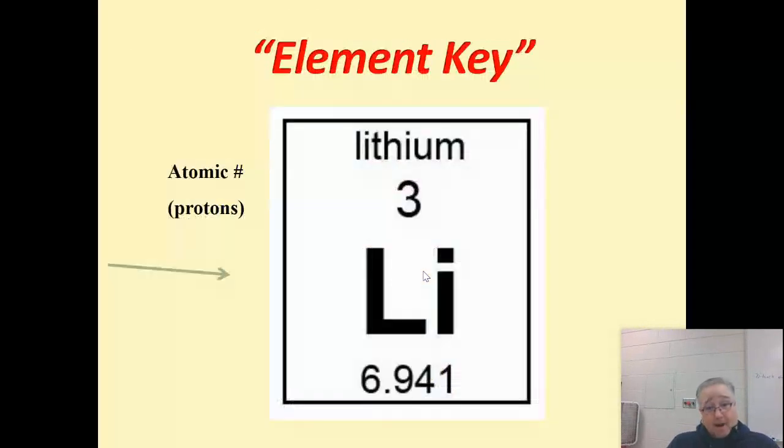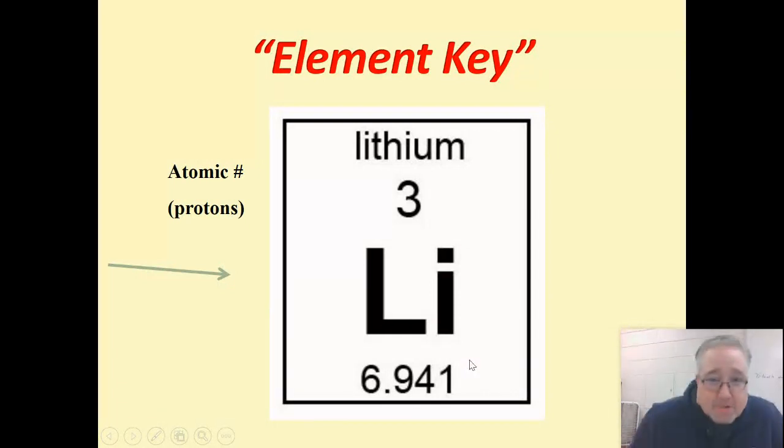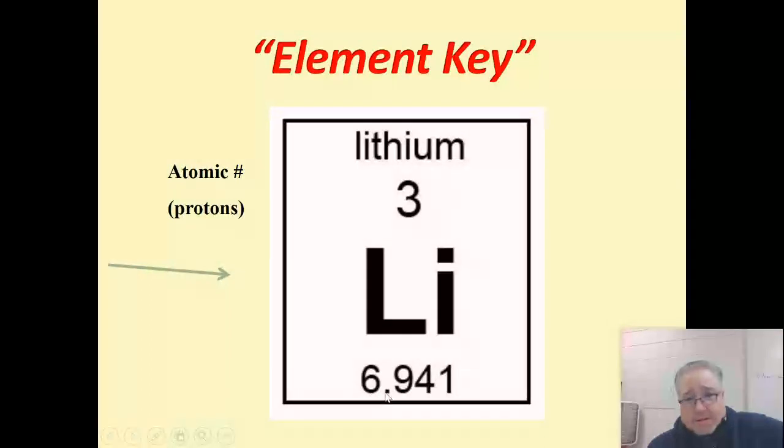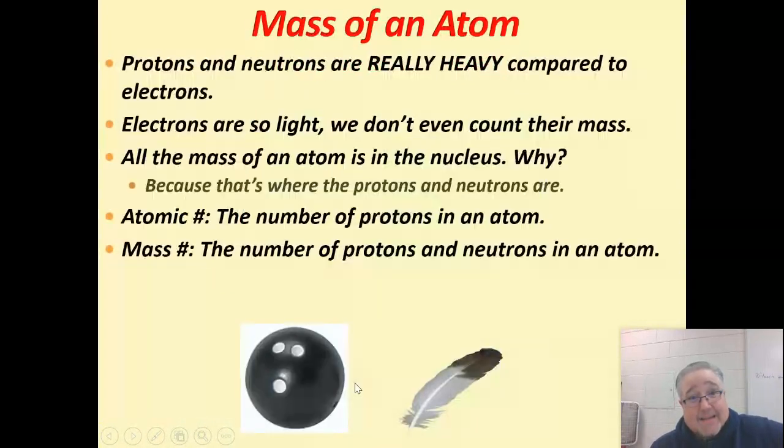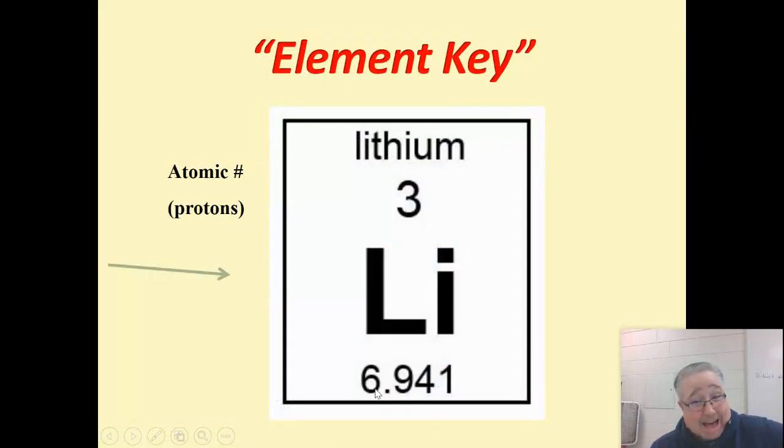I want you to be careful because when you look at an element key, you see that other number, for lithium, it's 6.941, whatever it is. You'll notice that this number is a decimal, okay? This number is not the mass number. This is what we call the atomic mass.